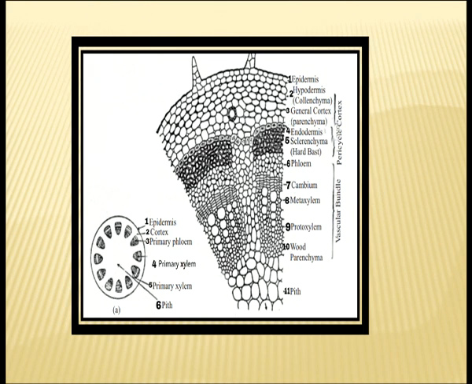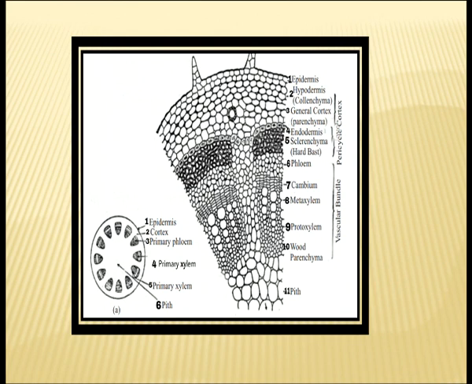Numbers 8 and 9 are both xylem. Number 8 is metaxylem, the older xylem vessels and tracheids, and number 9 is the protoxylem, that means the fresher xylem vessels and tracheids.